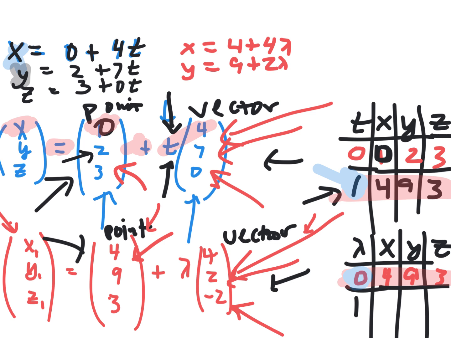And z equals 3. And instead of saying plus minus, I'm just going to say minus 2 lambda.